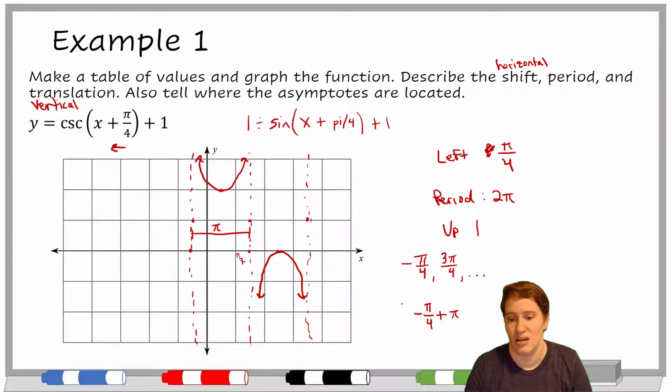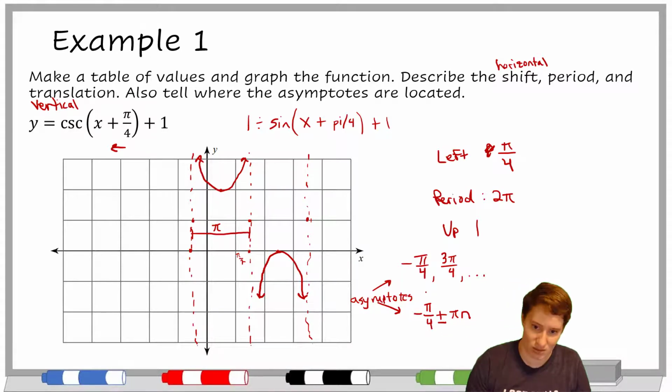We can say that negative pi over 4 plus or minus pi times n, where n is an integer, is where all the asymptotes are. And so what that means is that you could actually plug in however many numbers you want all day long if you want to, and be able to figure out asymptote after asymptote after just forever.